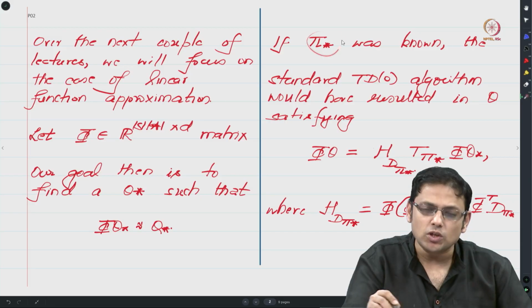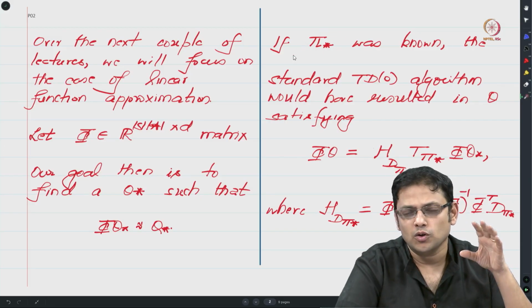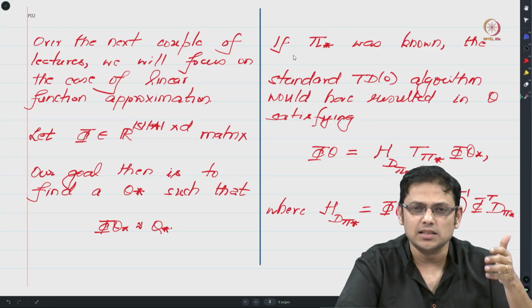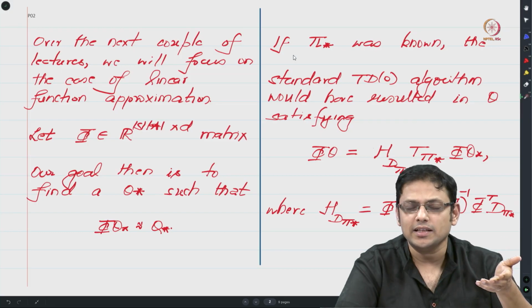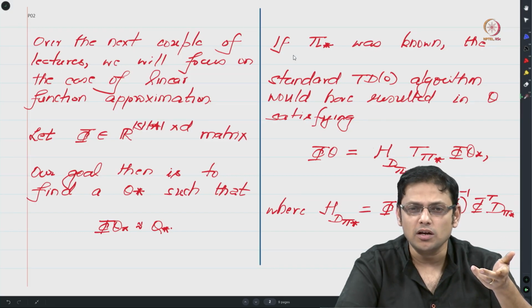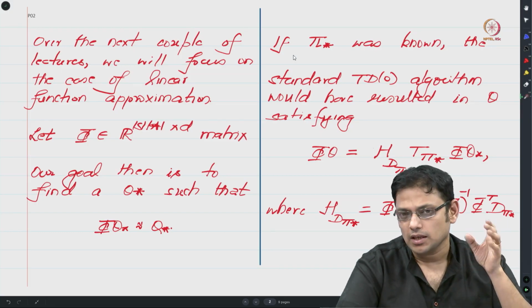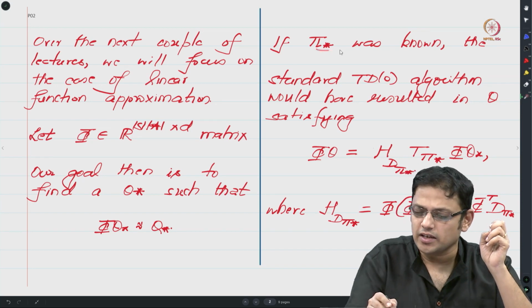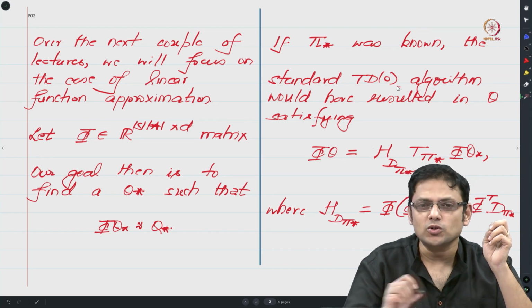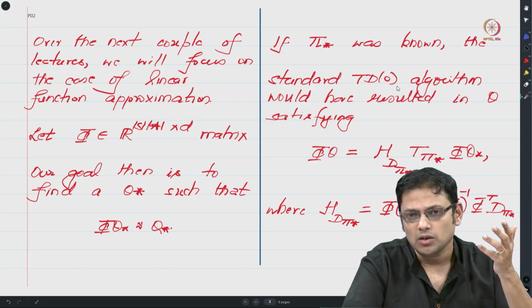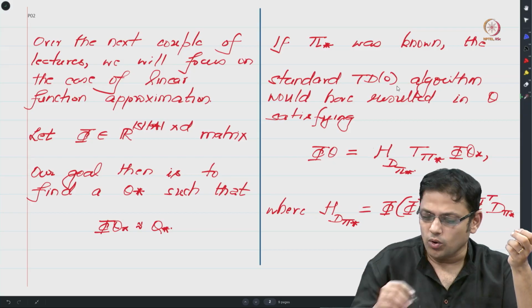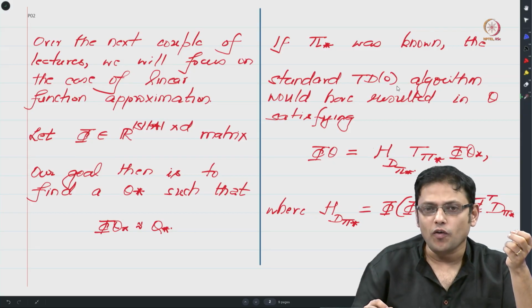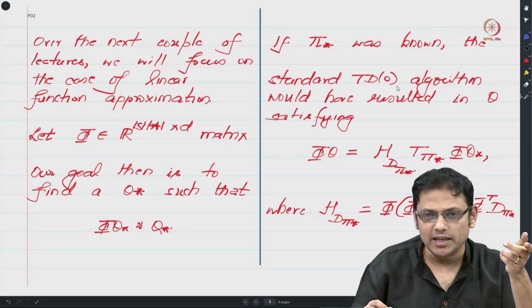Two weeks back we had discussed the problem of policy evaluation. So if pi star is known, finding q star is equivalent to evaluating the q value of this policy pi star. In that case we could have used the standard TD0 algorithm to get an estimate of q pi star. In particular, the TD0 algorithm could have been used to find the fixed point of the projected Bellman operator.